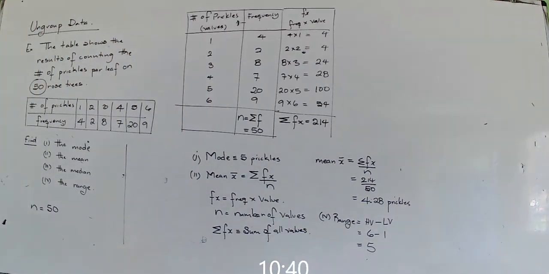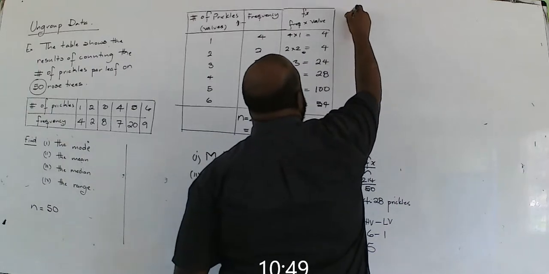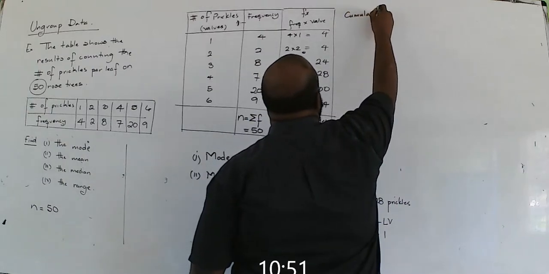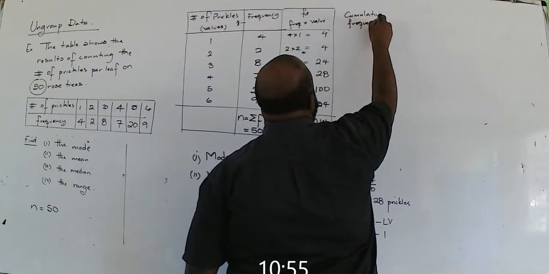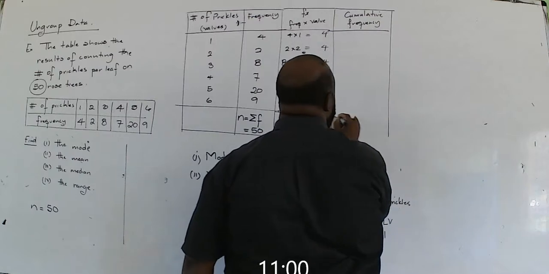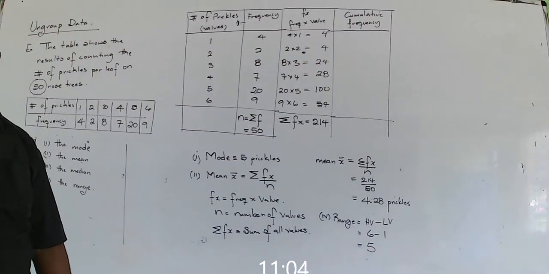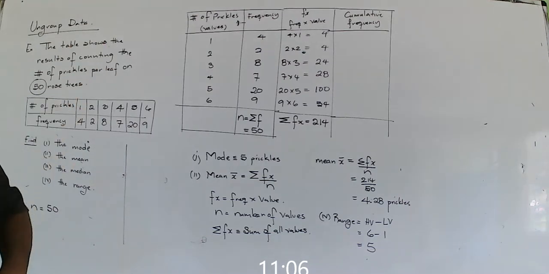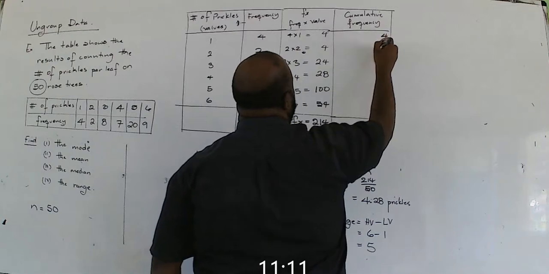To find the median, when you have ungrouped data, you have to put in something called cumulative frequency. Here's how cumulative frequency works. With cumulative frequency, you add the frequency as you go down. At the first level, it is just 4.